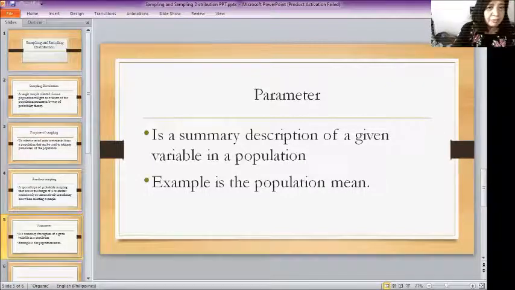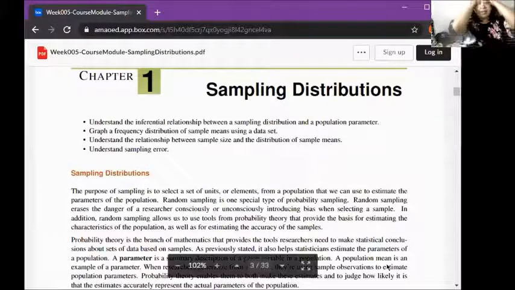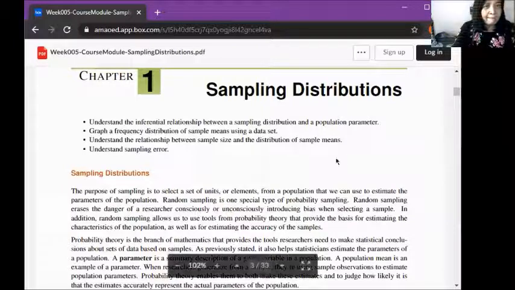Of course, to understand more about what we'll be talking about in our discussion, let me consider again our module now, the one that you are reading in the LMS. Sampling distributions. Some of this I have already mentioned in the PowerPoint presentation.